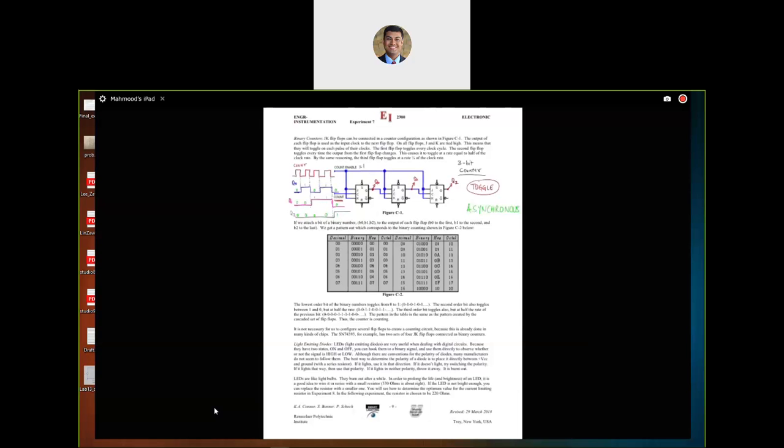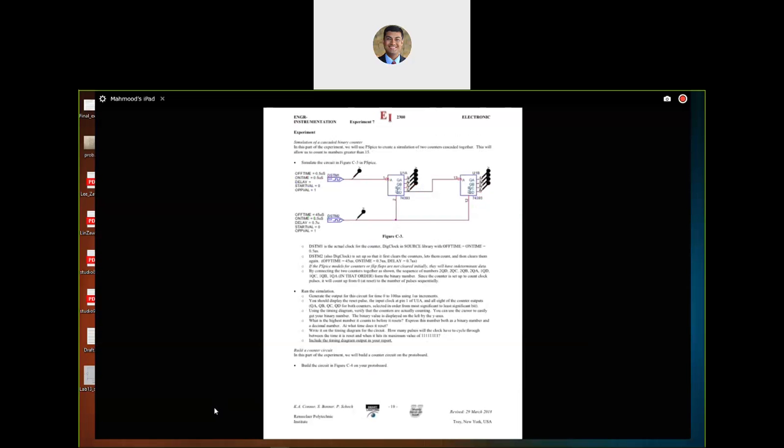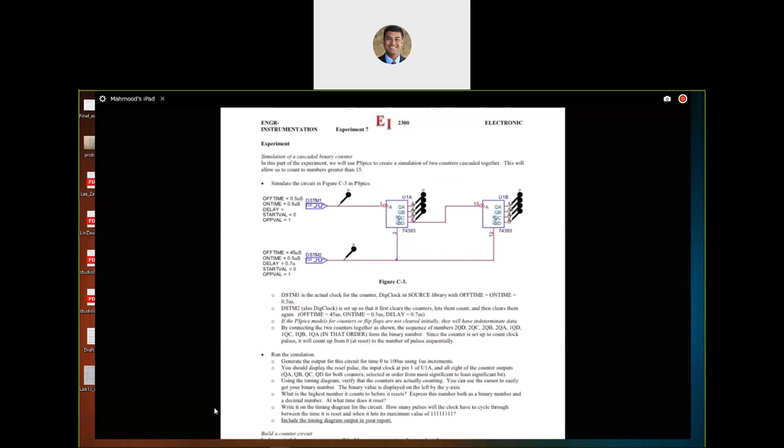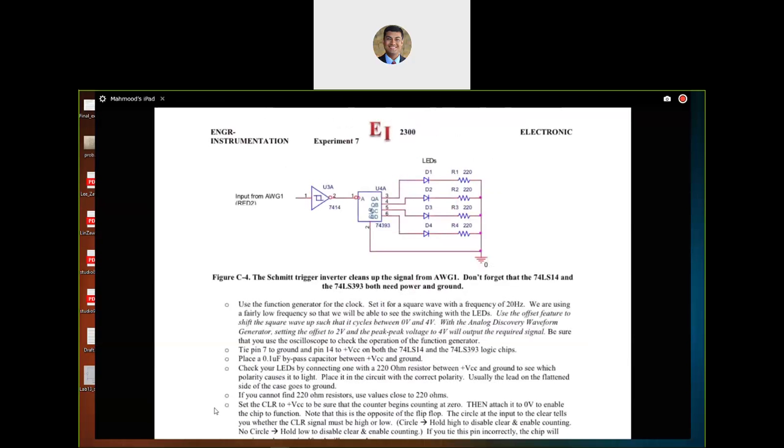Why do we need a counter? If I look at the experiment here, figure C3 is a simulation. So that's okay. You guys will be able to do that. But figure C4 is actually a 4-bit counter, and it is 4-bit because, as you can see, there is a QA, QB, QC, QD indicating the 4 output bits of the counter.